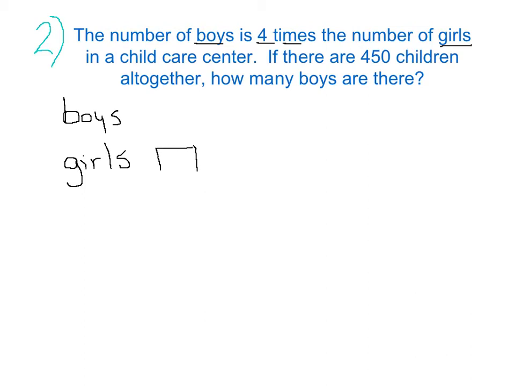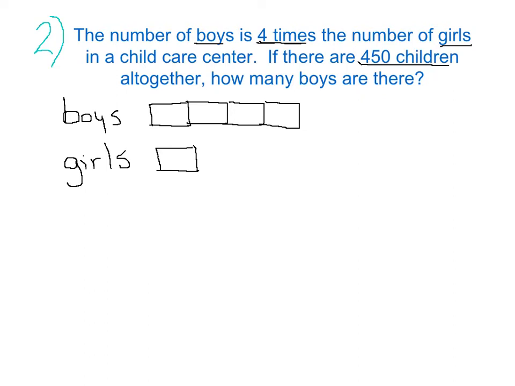So I'm going to give them the box. Then I go back to my sentence and I draw each part. The number of boys is 4 times the number of girls. So I've got to draw 1 times, 2 times as many, 3 times as many, 4 times as many for the boys.